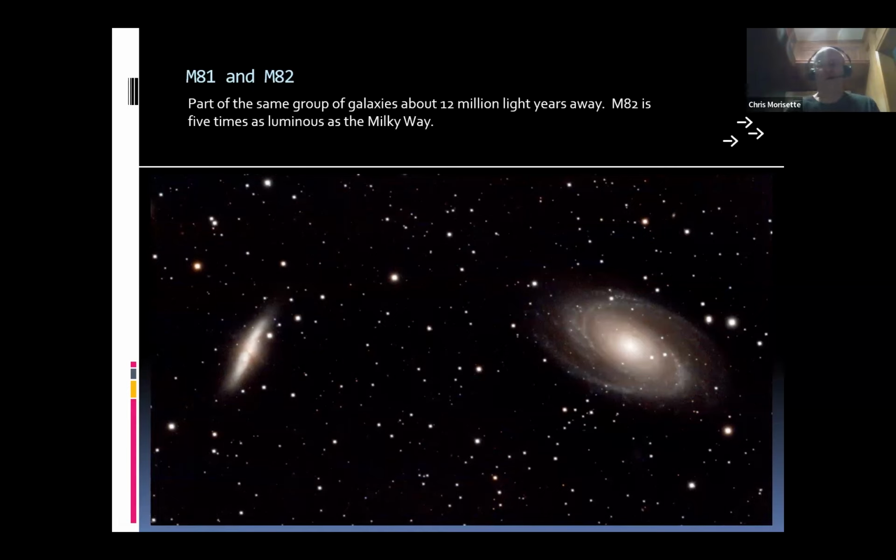Here the galactic disk is actually being deformed, creating a region of rapid star formation. So just another example of galaxy interaction, which I think is so cool to think about. And this is also in Ursa Major.